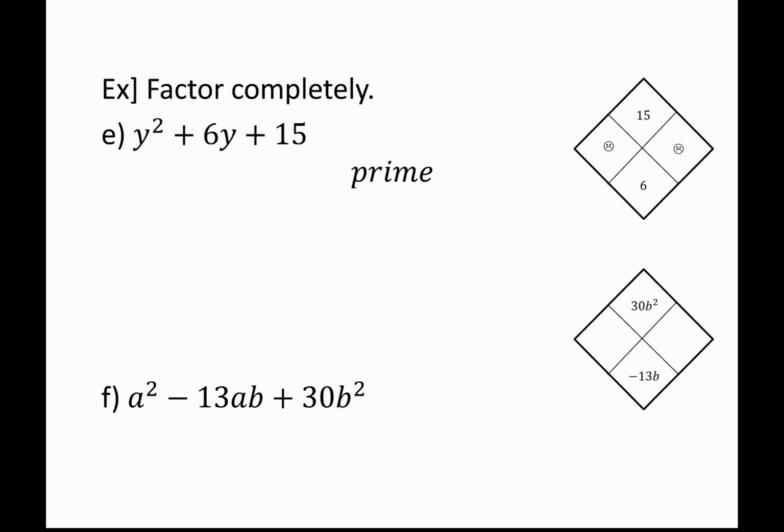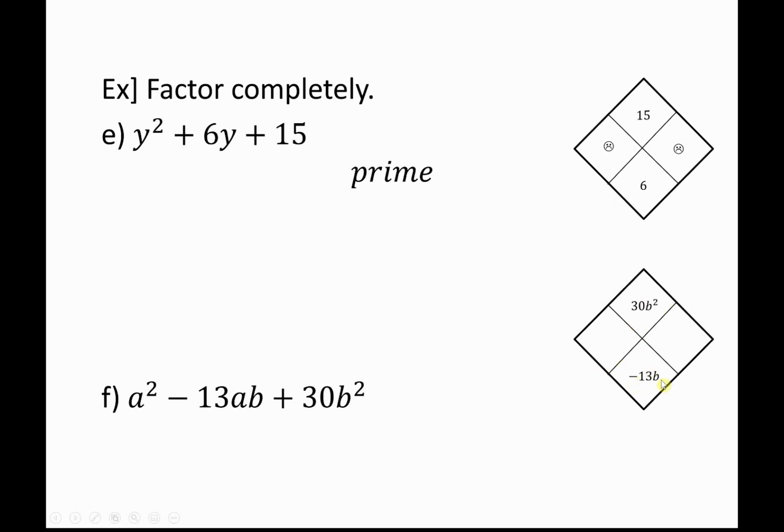So in that case, you're going to initialize your diamond upper and lower areas accordingly, where you take the entirety of the constant term 30b squared and put it in the top of the diamond, and in the bottom of the diamond you put the negative 13b, everything except for the a value, which is acting as the variable. So therefore, if b is acting more like a number, it's going to be part of the coefficient, so to speak.